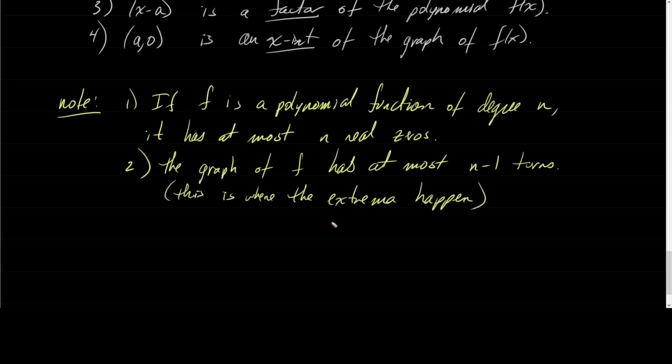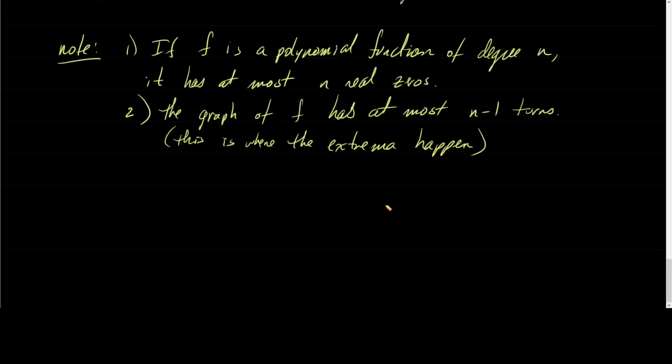And if you recall the extrema, I'm talking about the relative extrema, the relative max, the relative min, all right? So those happen at the turns, right? So a polynomial function of degree n would have at most n minus 1 turns, all right?